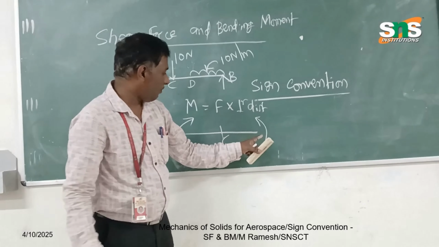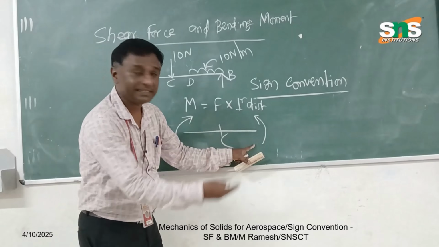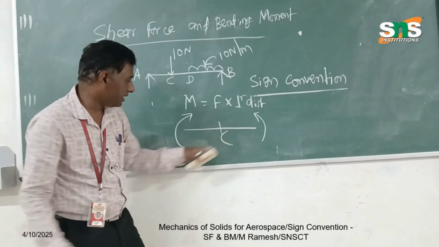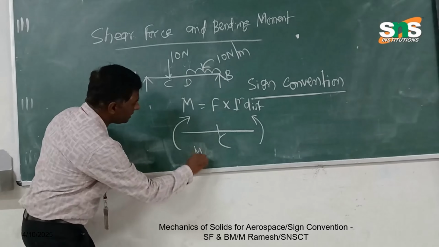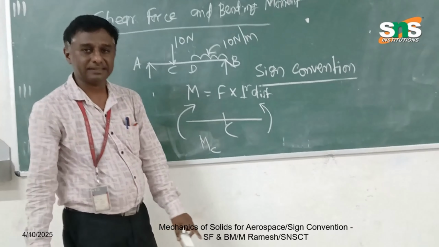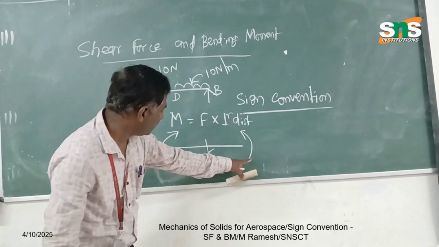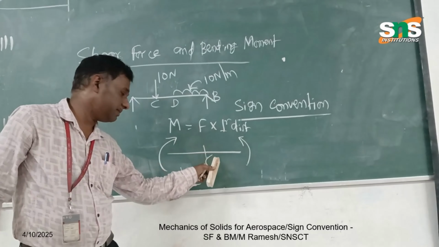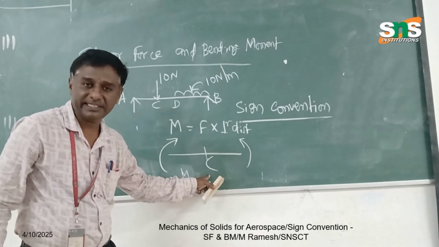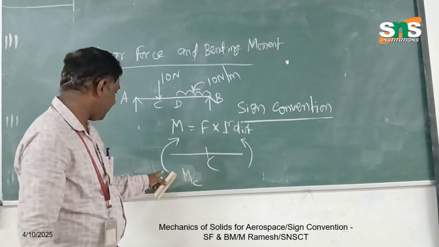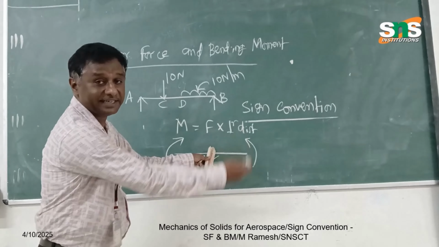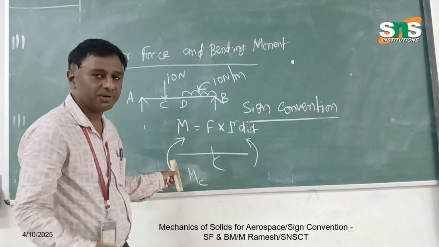Now, whatever the force is on the right side, it will travel to a particular point. I am concentrating the moment at a particular point C. It comes from the right side, so it will travel in the anti-clockwise manner to C. As well, if I am taking the left side instead of the right side, no problem.